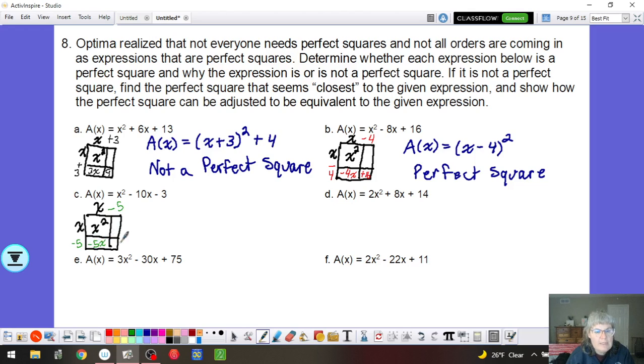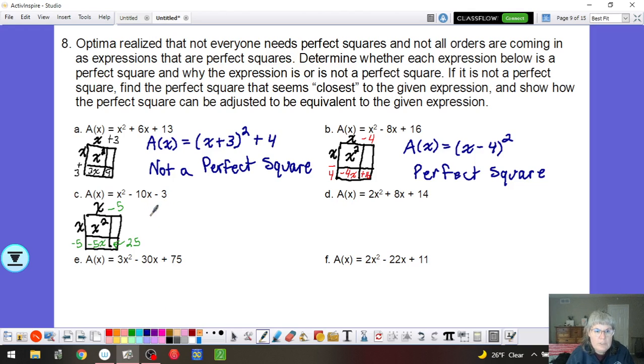Negative 5 times negative 5 is going to give us 25 units. Well, that's far away from negative 3. So what would we have to do to 25 to get negative 3? We're going to have to subtract 28.